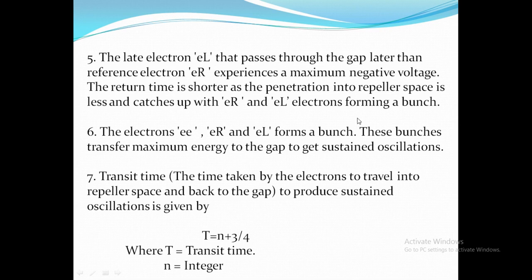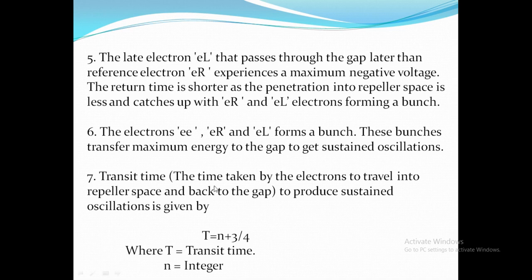So the electrons EE, ER and EL form a bunch. These bunches transfer the maximum energy to the gap to get sustained oscillations. Here, transit time.